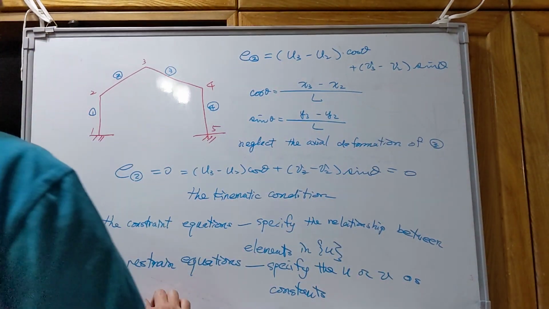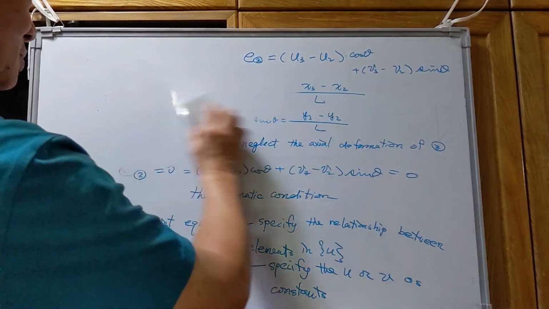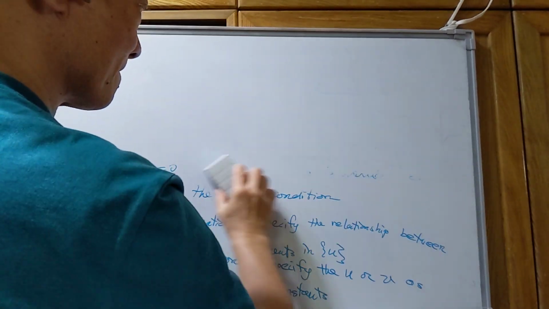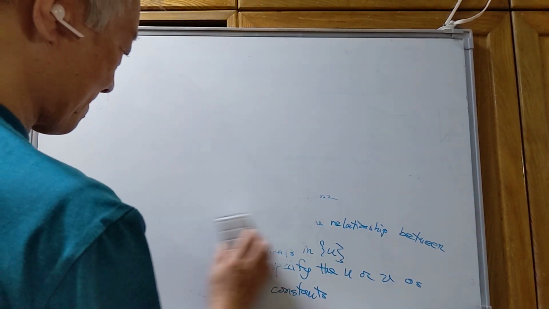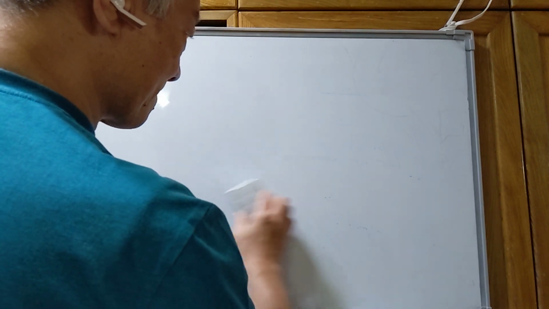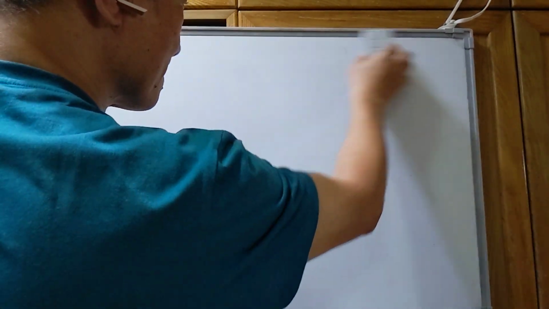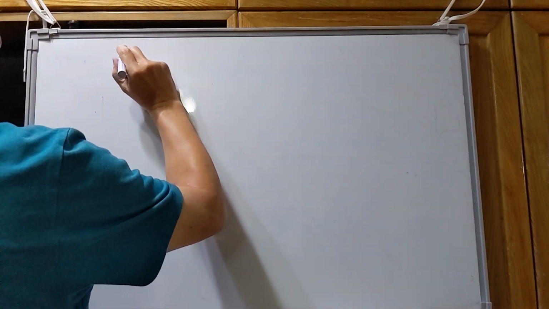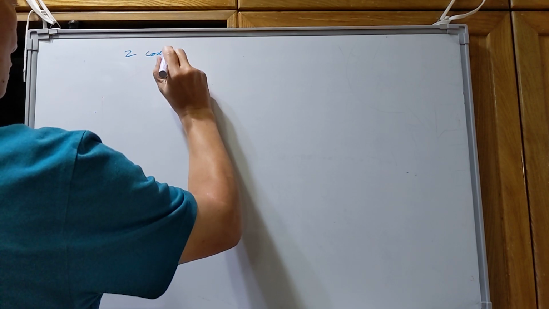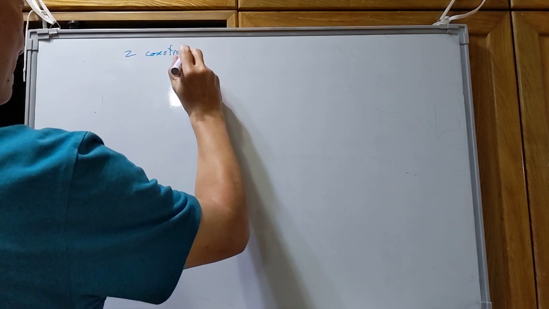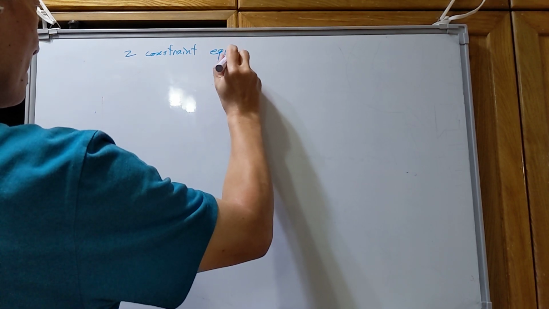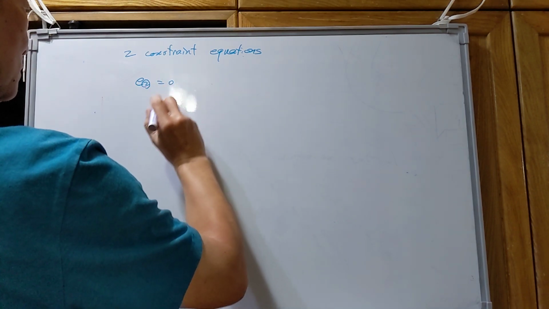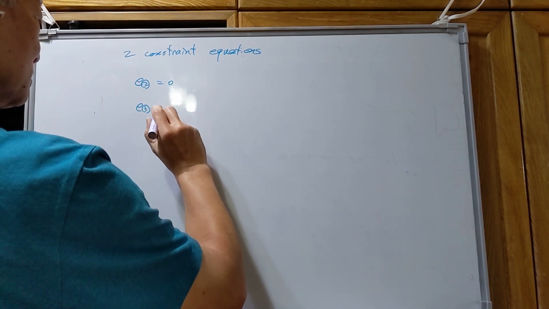So for these example problems, we have two constraint equations: e2 equal to 0 and e3 equal to 0.